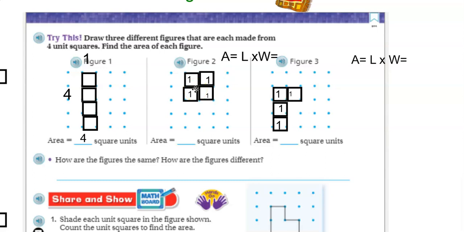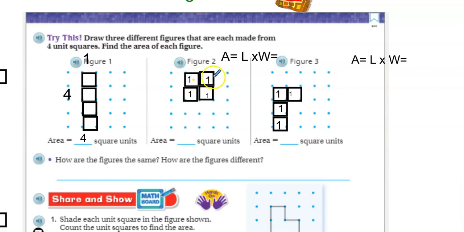So you can rearrange the unit squares used in one figure to make a completely different figure, and the area will not change. I'm still using 1, 2, 3, 4 square units. You can see that it's not changing the size, it's just rearranging them.